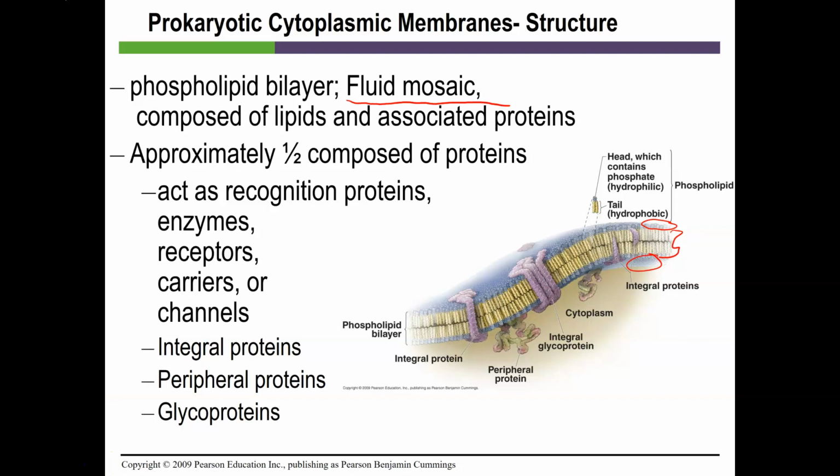These membrane proteins depicted here play different roles. They could be receptors, they can be carriers or channels to move things through the membrane. They may perform a chemical reaction to propagate a signal, therefore acting as enzymes. Remember, the integral proteins span the membranes. The peripheral proteins are loosely attached to the inside.